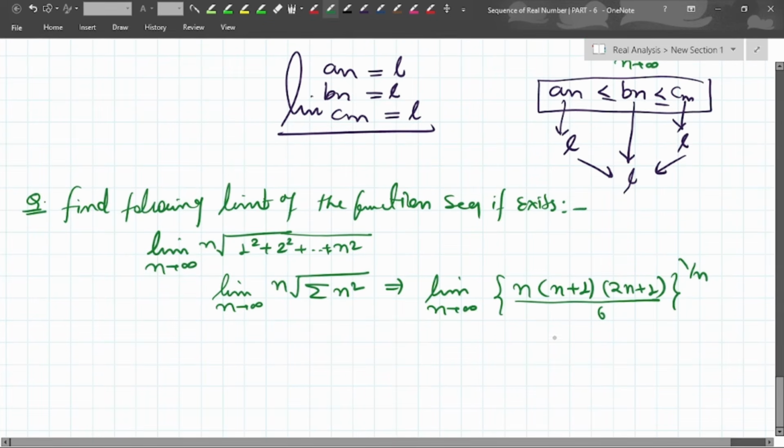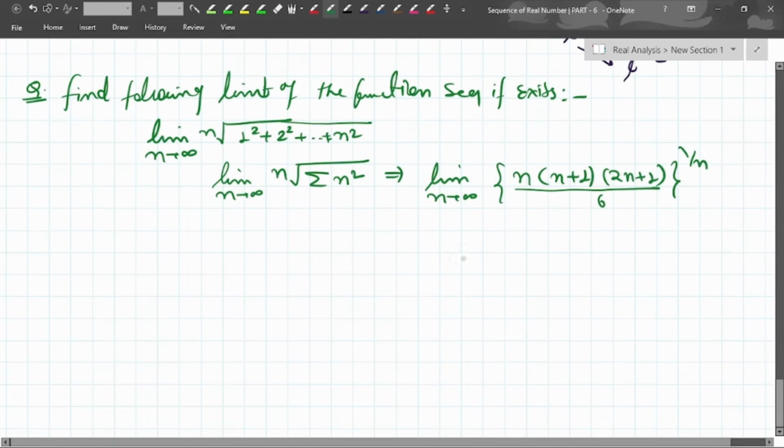Now we want to calculate the limit of this. Now how can I proceed? Just take the limit as n tends to infinity. If I take n common from here, it will be n power 1 by n. And if I write n outside from here, then it will be 1 by n again.